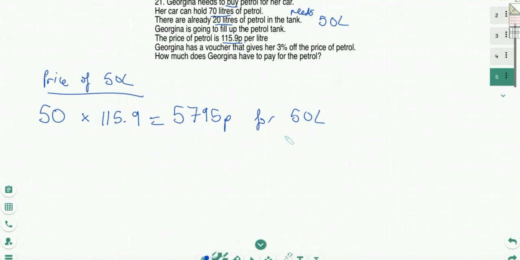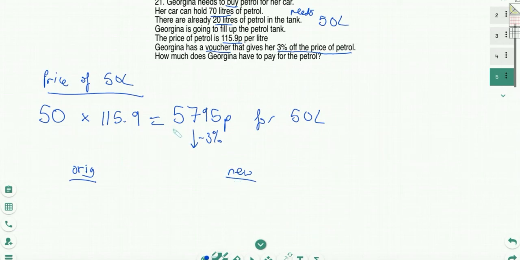Now, does she have to pay that amount? No, because she has a voucher that gives her 3% off the price of petrol. So we need to decrease 3% from 5,795. Now, as I'm sure you all know, whenever we have to decrease a number by a percentage, we just draw our timeline. So the original price and the new price.